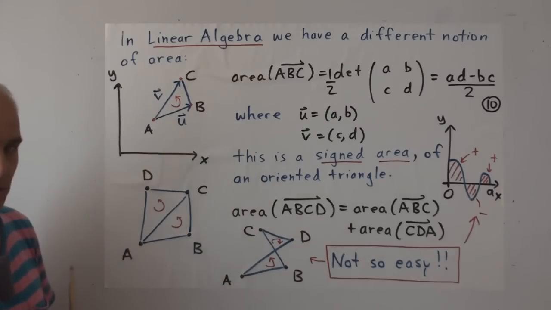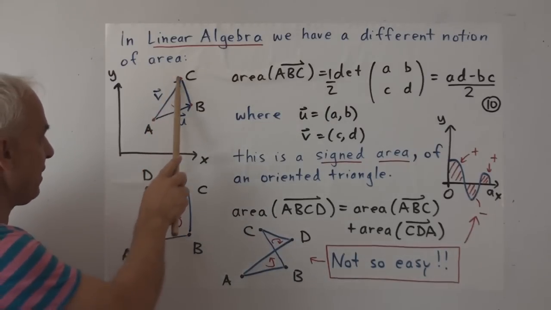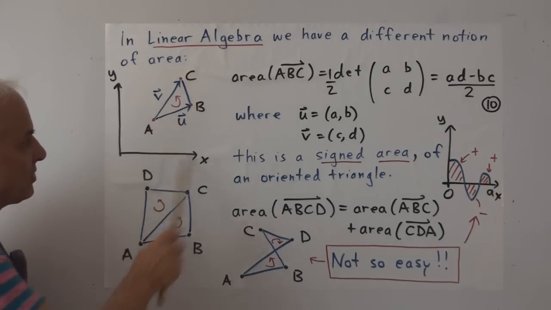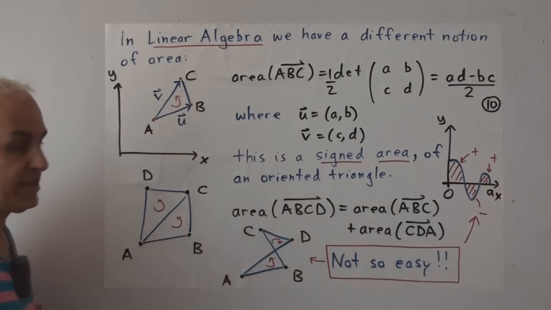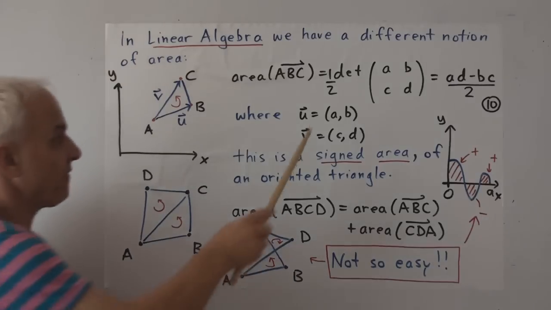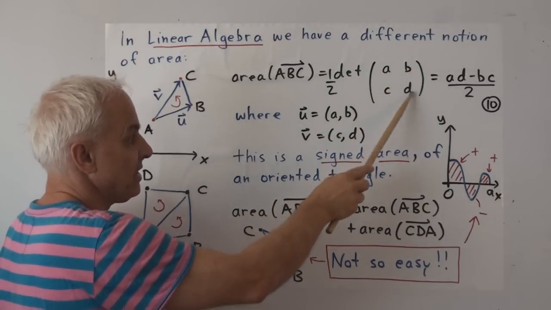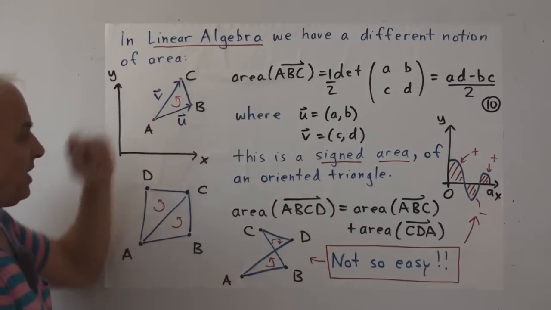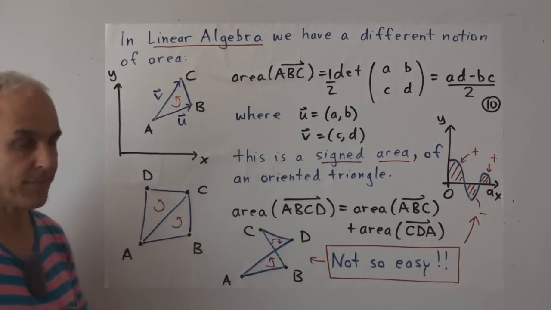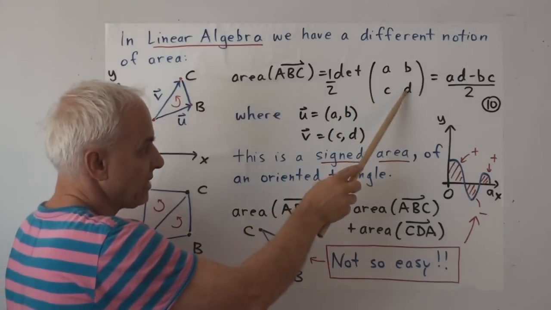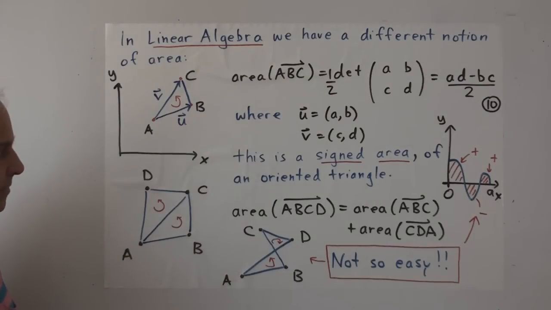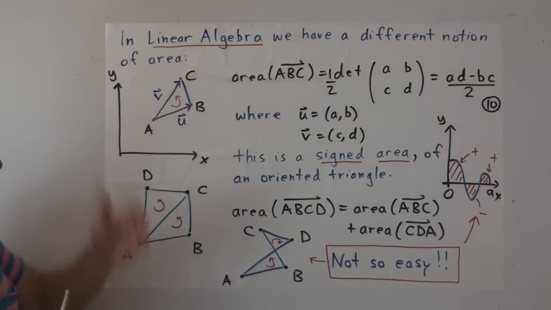Maybe there's a vector u from A to B, a vector v from A to C. In terms of those vectors, the area of the triangle ABC can be defined as half of the determinant of A, B, C, D, where, say, the vector u is (A, B) and the vector v is (C, D). A determinant here means A times D minus B times C. All right, so that's a linear algebra formula.